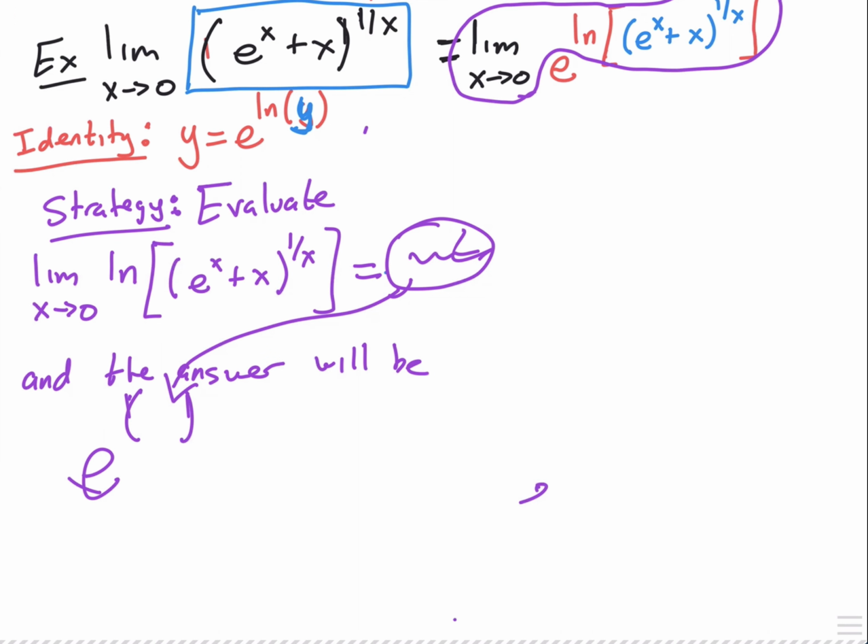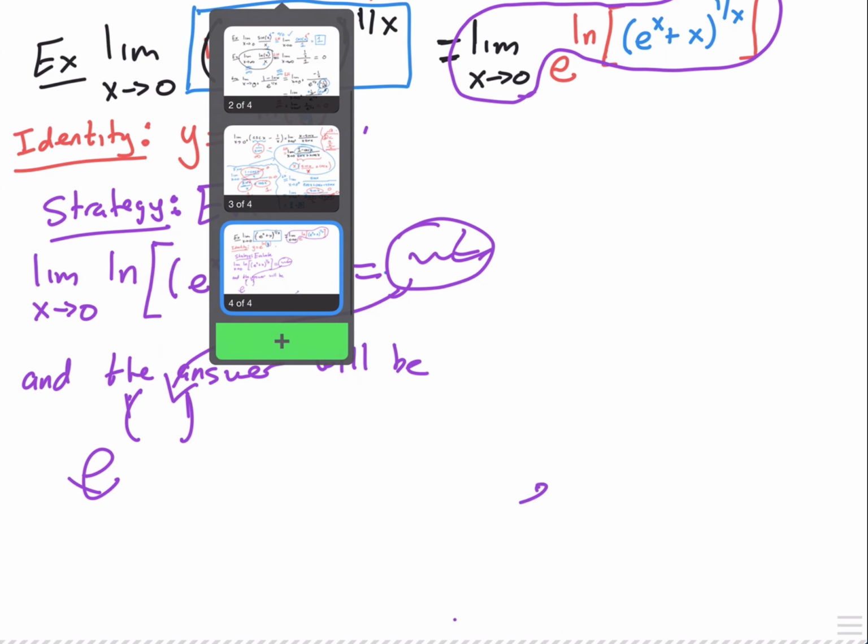I'm going to do it on a different page because that one broke for some reason. So we have the limit as x goes to 0 of the natural log of (e to the x plus x) to the 1 over x.